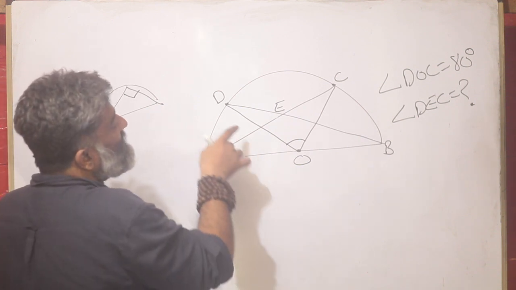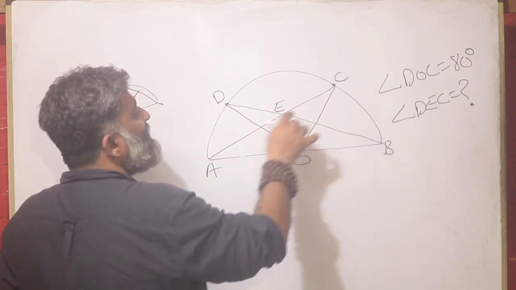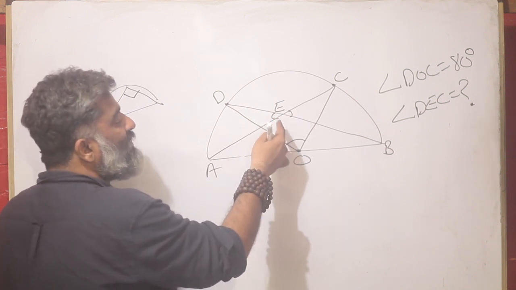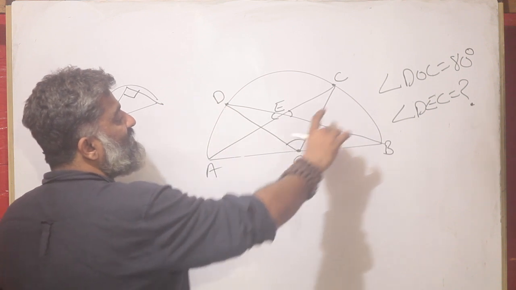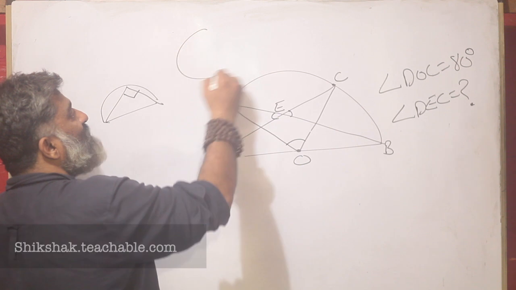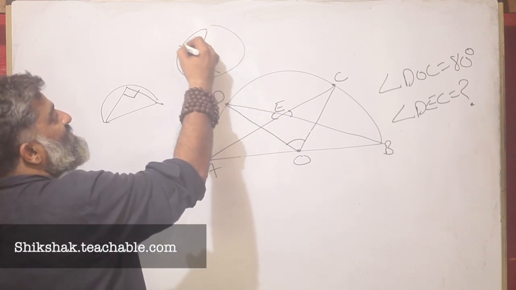So for example, if I think of the chords DB and AC, they are intersecting at E. So this angle I know will be half the angle created by the segments at the center. I am using this idea, the theory that we just looked at right now. This is the center.